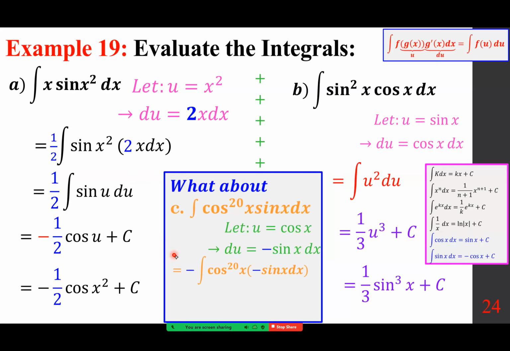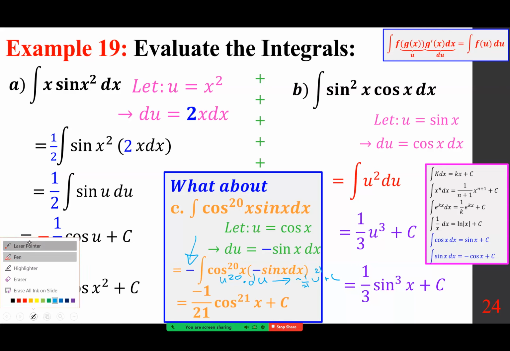And so what you're looking at here is u to the power of 20 du, and this negative sign doesn't go away. Minus 1/21 u to the power of 21 and a constant. That's what you get. So negative 1/21 cosine to the power of 21 x, and a constant.